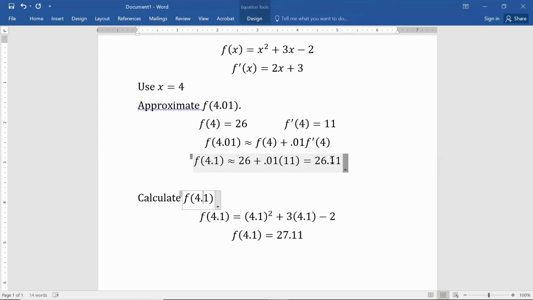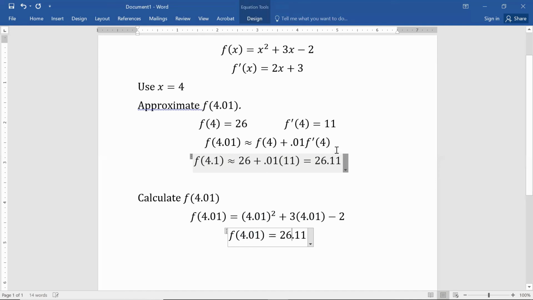And then if we typed in 4.01 into our function, we would end up with a y value of 26.1101.